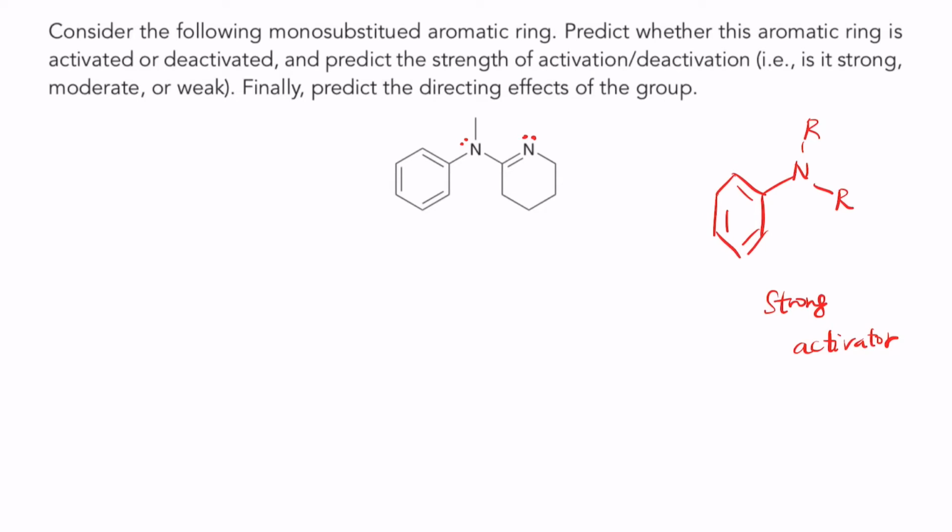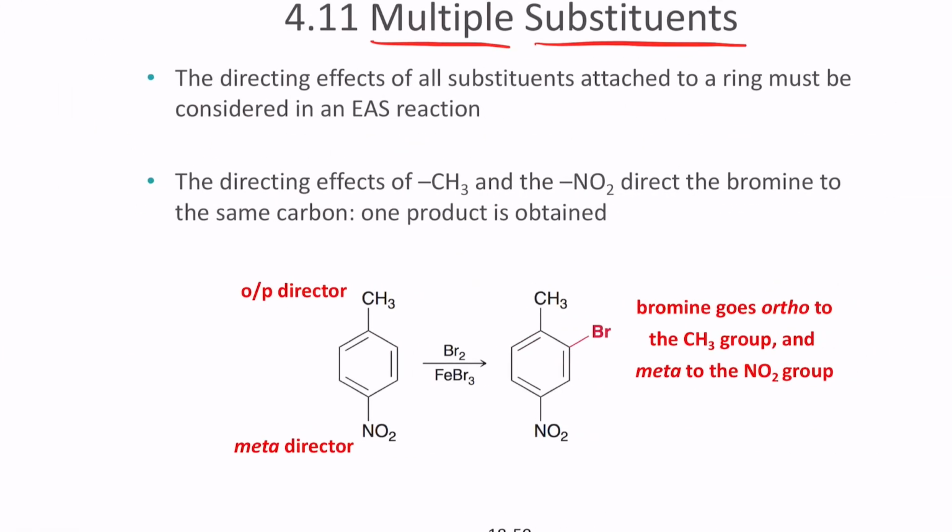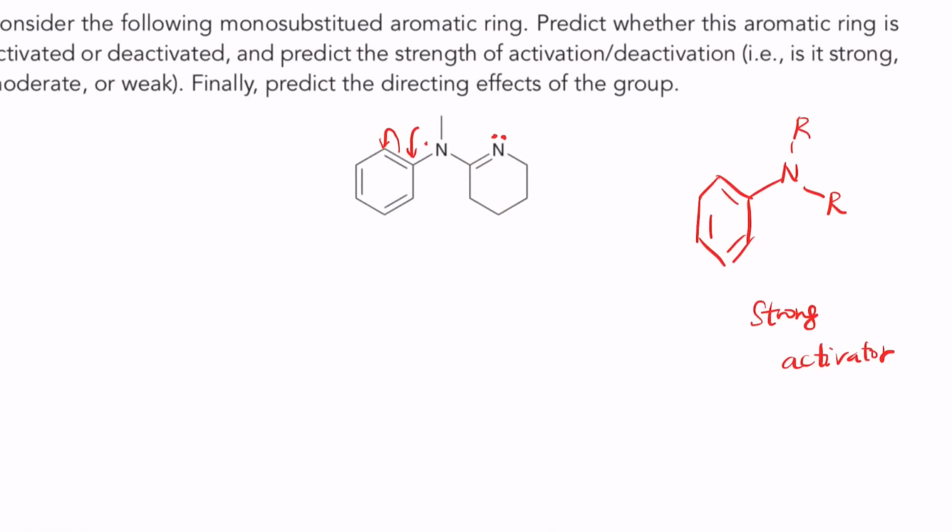So these 2 lone pairs can cause resonance in such a way where this can go here and this can create a resonance structure here, or this can come here, or the other structure can also go. The other structure can also come here while this can go here. So it can donate on both sides.